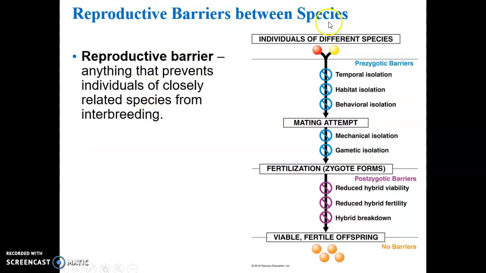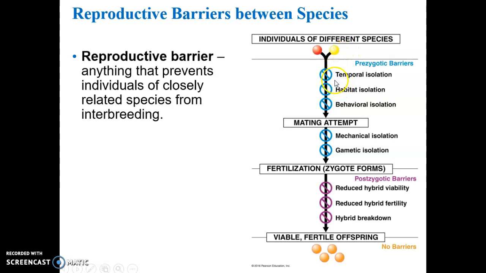Now, reproductive barriers between species. There are a number of mechanisms that prevent organisms from different populations from successfully interbreeding. These are called reproductive barriers, anything that prevents individuals of closely related species from interbreeding. Our figure here shows individuals of different species, color-coded: an individual in red, one in yellow.